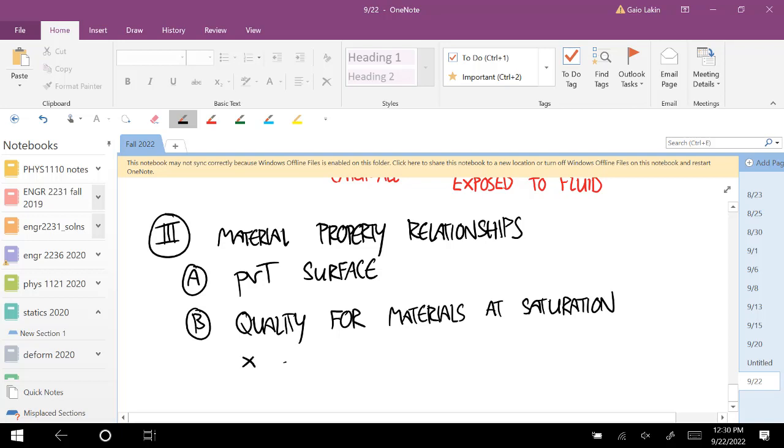We call that lowercase x, and that's equal to the mass of the material that's in a vapor state divided by the total mass, which is the mass that's in vapor state plus the mass that's in liquid state.